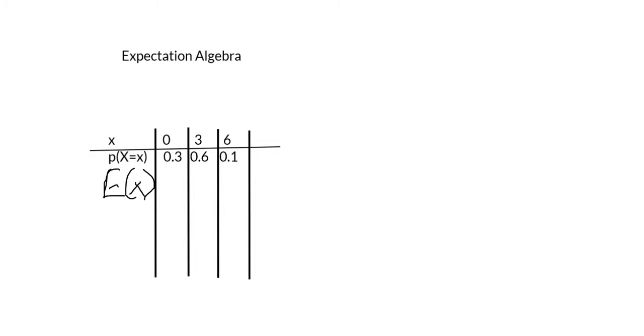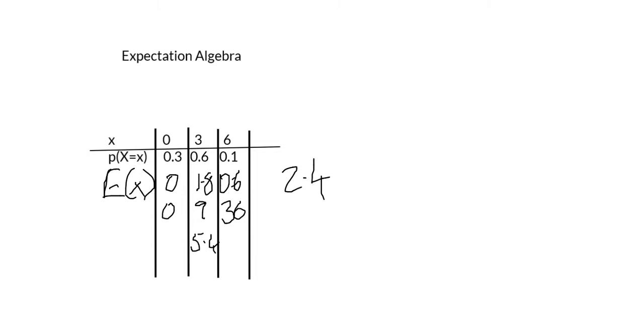Our E of x is going to be 0, 1.8, 0.6, which gives us 2.4. Our E of x squared, if we put that together, is going to be... So we have 9 times 0.6 is 5.4.